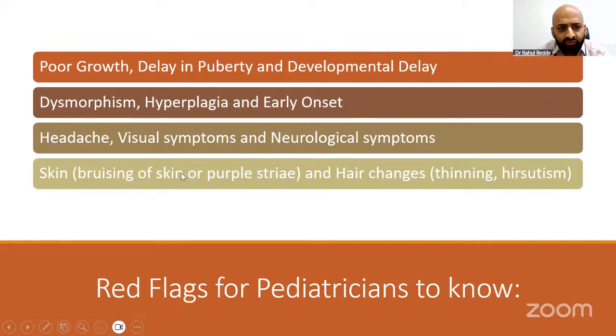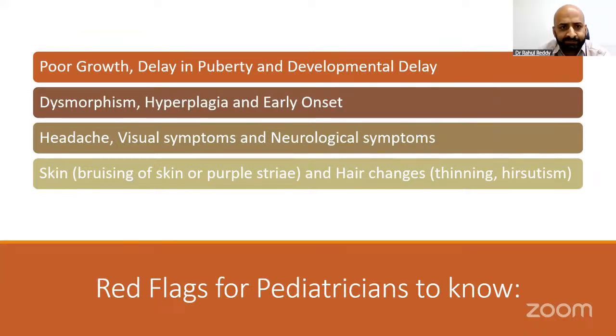If there's skin bruising or striae or skin hair changes of hirsutism, then it could be Cushing syndrome, either exogenous or endogenous. So these are all the pathological cause of obesity, which is rarer, though they need to be looked at, and we should know them so that we can look out for these conditions in addition to the normal simple obesity.